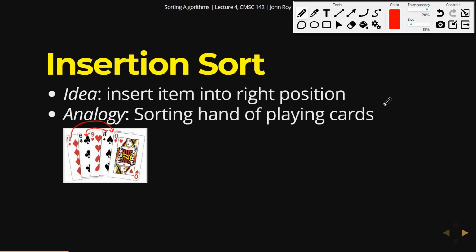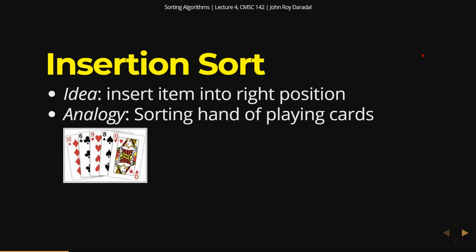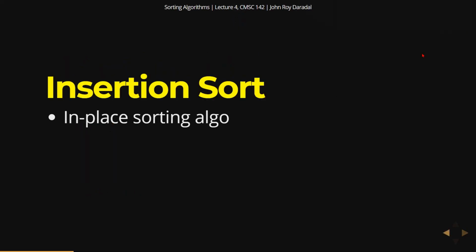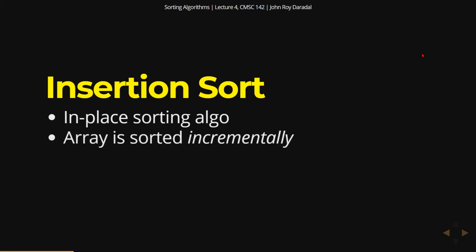So then that would become 6, 8, 9, 10, queen, something like that. Okay, so if you insert 10 after 9, and then 8 after 6, this would be the correct order. Okay, so that's the basic idea for insertion sort. And insertion sort is an in-place sorting algorithm, meaning it doesn't use extra memory.